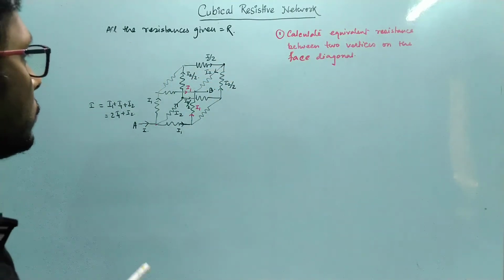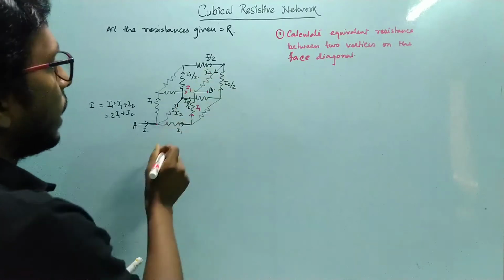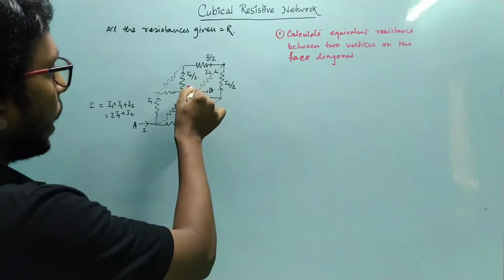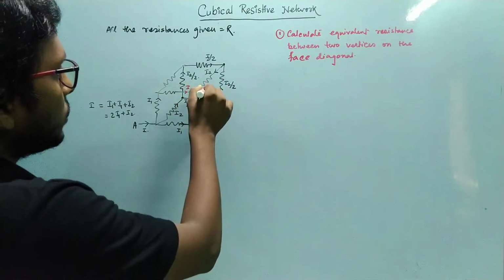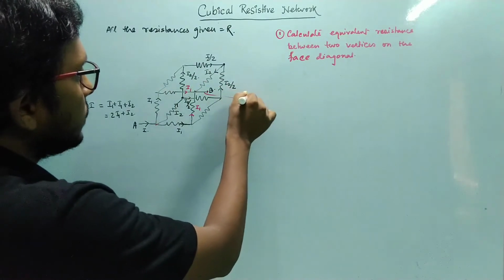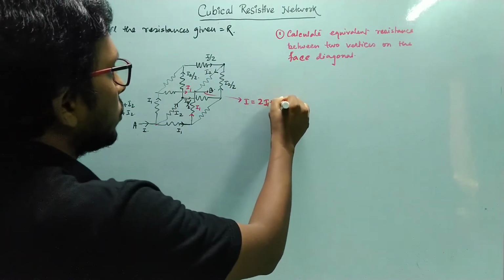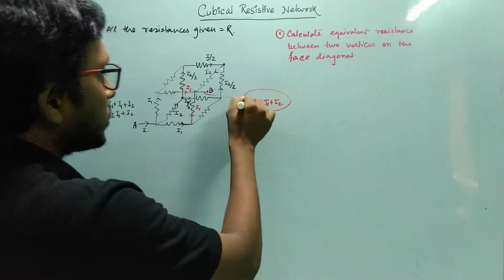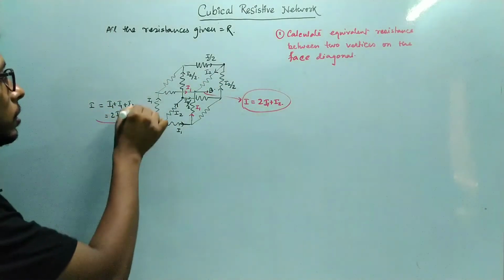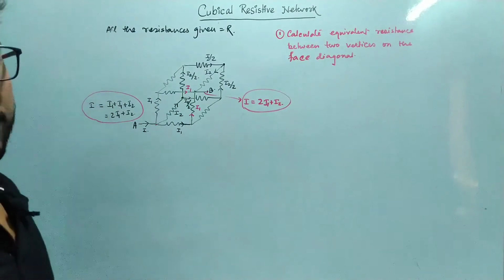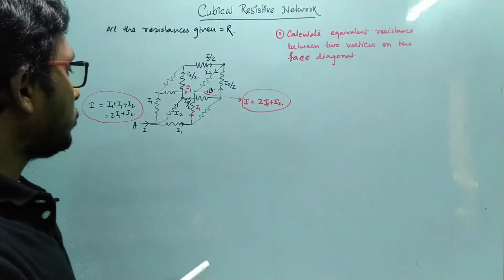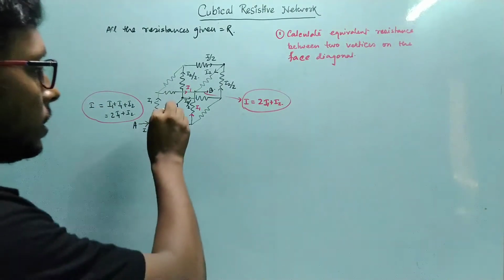Now at B, I can see 1 I2 and 2 I1 are entering, so at B the current I is equal to, you can see, 2I1 plus I2 as we have expected from the input current. Now let's name the vertices.